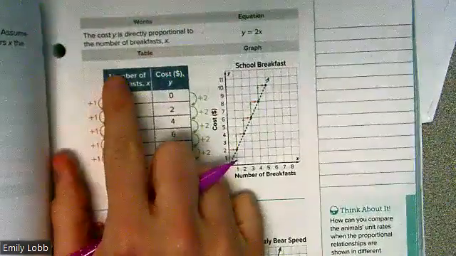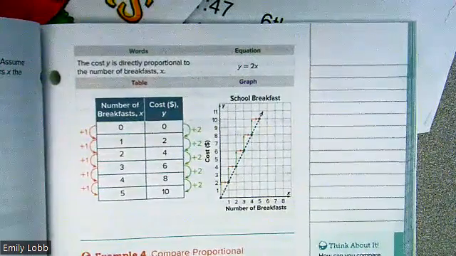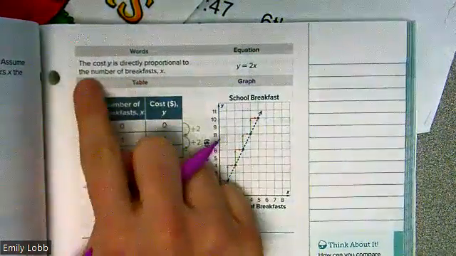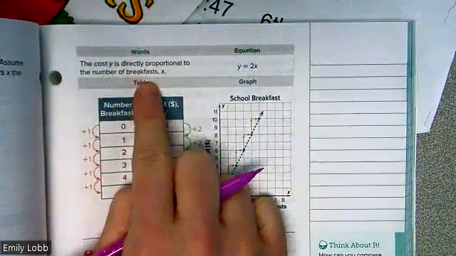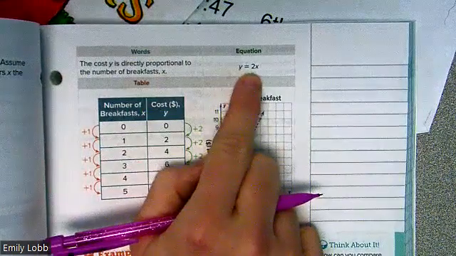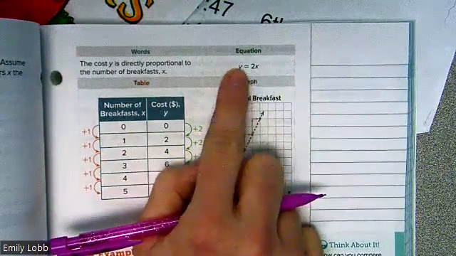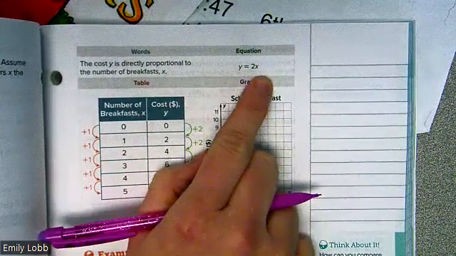The cost y is directly proportional. This is page 183. I didn't turn the page or anything, just moved over. The cost is directly proportional to the number of breakfasts x. So y is equal to 2x. So the cost is 2 times however many breakfasts there are.